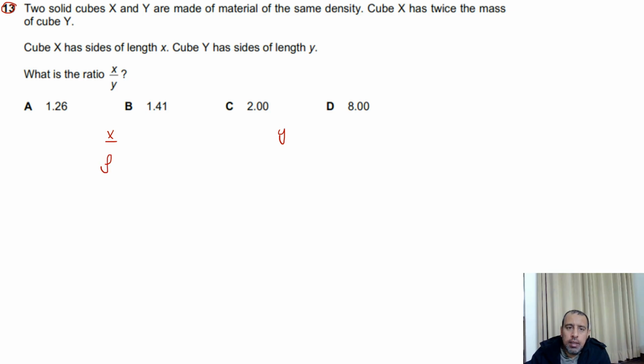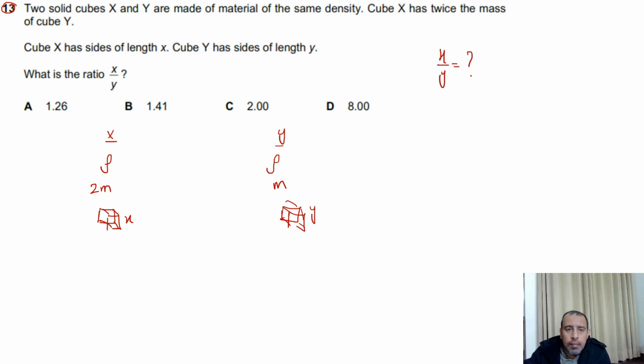It means their densities are rho for X and for Y. The cube X has twice the mass, sorry, so its mass is 2m, while the mass of Y is m. The cube X has sides called x, and this cube Y has sides called y. And now you have to find the ratio between x and y.